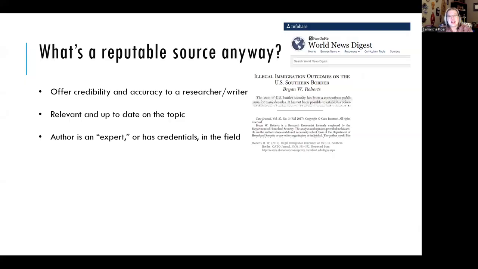But what this does is an example of how this author has expertise. So he's a research economist, so he knows the economy. He's a researcher, but he also has experience working in the Department of Homeland Security. So he's kind of a twofer. He has experience and expertise in this field. He knows what he's talking about.